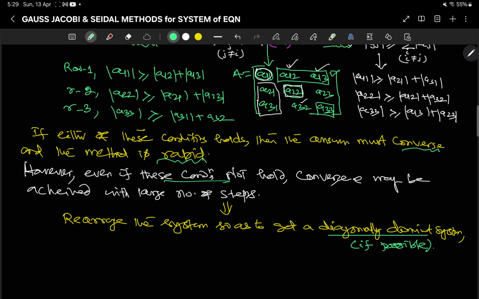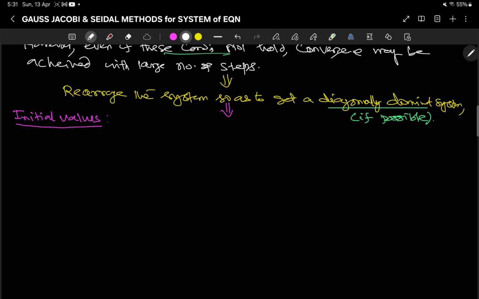So now let us discuss both the methods. Since these are numerical, iterative methods, we need some initial values. If not given, start with zeros: x1 0, x2 0, x3 0, meaning the initial step is 0.